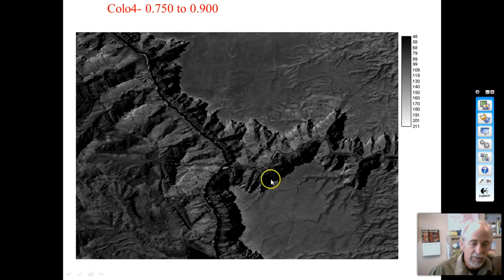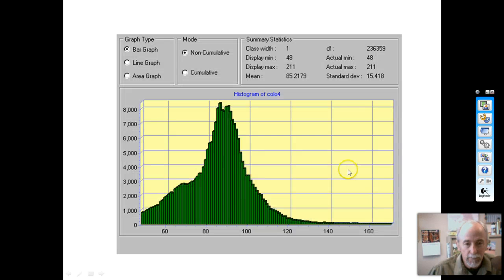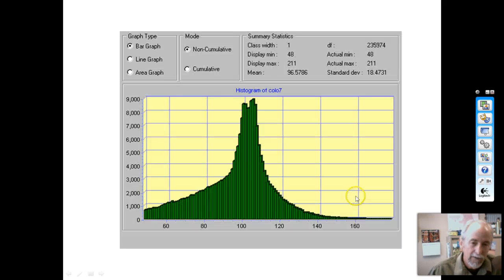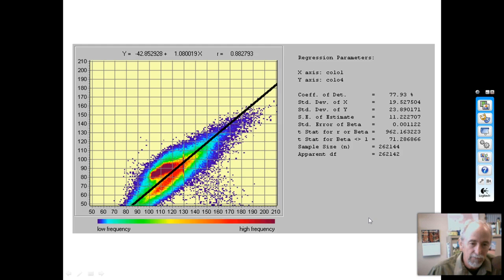And this has to do with reflective infrared, channel 4 thematic mapper data from 0.75 to 0.9 micrometers wavelength. So just outside of the visible, and here's a histogram of these data, at least a partial histogram. Here's channel 7, in the mid-infrared, somewhat similar to the channel 4 data, but a bit different.